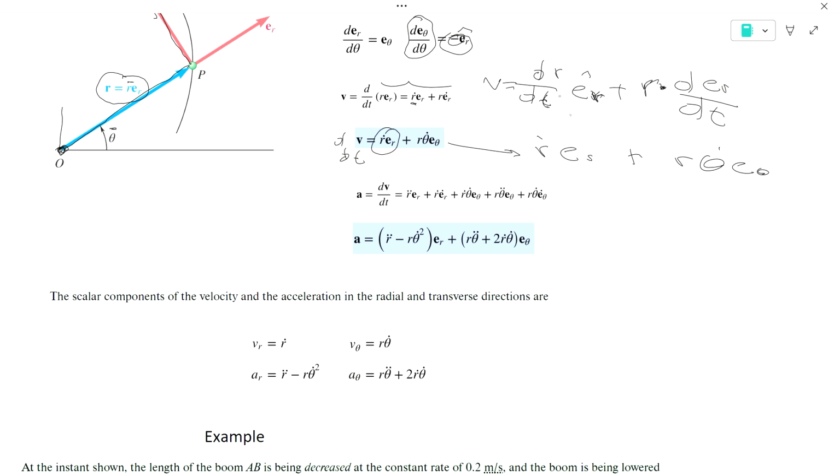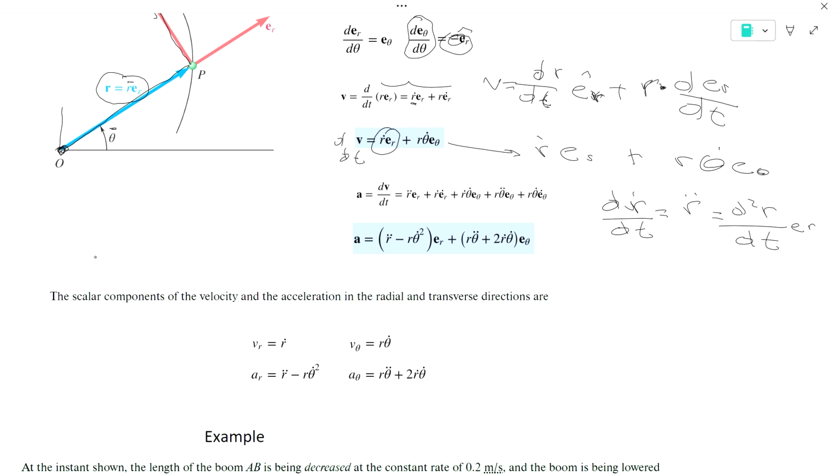Because the derivative of r dot with respect to time is equal to r double dot, the second derivative of r. This is the same thing, times the unit vector e_r, plus the same variable, r dot times e_r. So the e_r now is going to be derived.